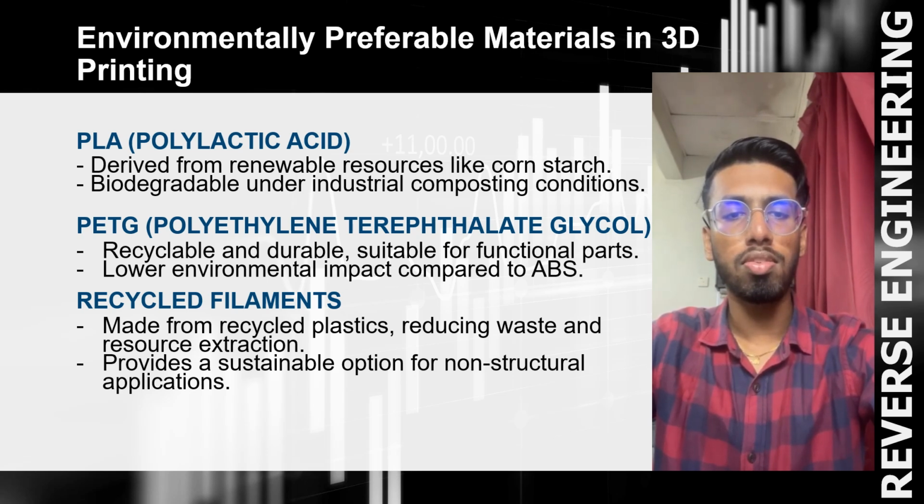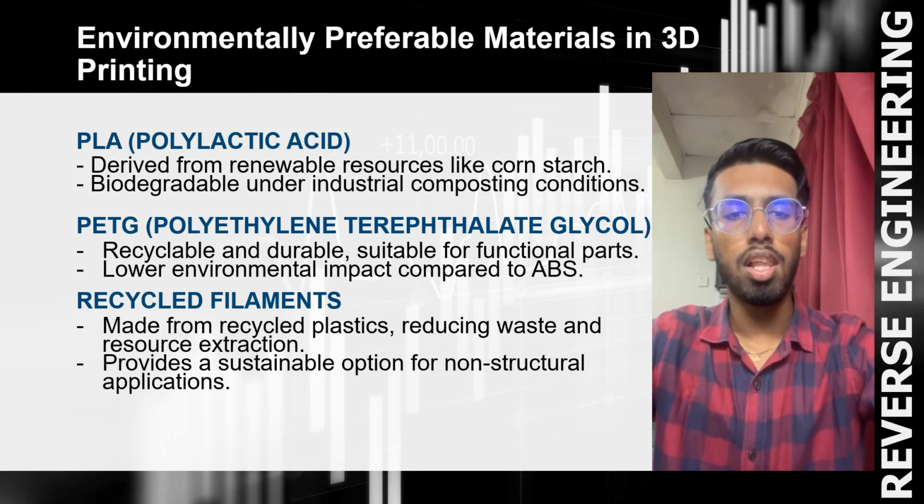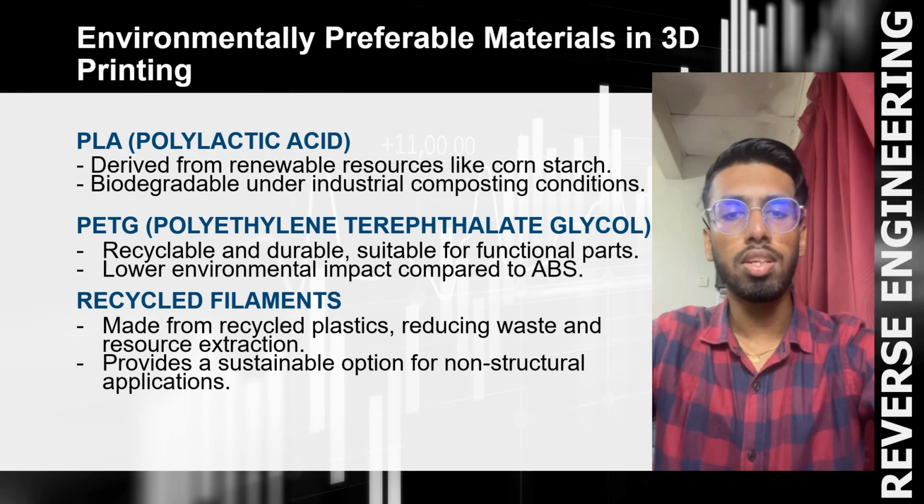Biodegradable properties. PLA can decompose under industrial composting conditions, meaning it can break down in controlled environments after its life cycle ends. Although it doesn't degrade as quickly as in household compost bins, the fact that it is industrially compostable makes it a greener option than traditional plastic.